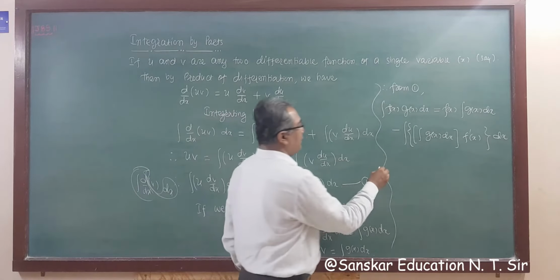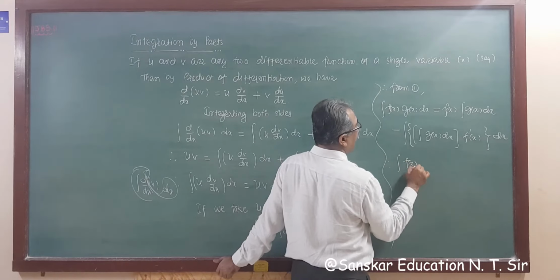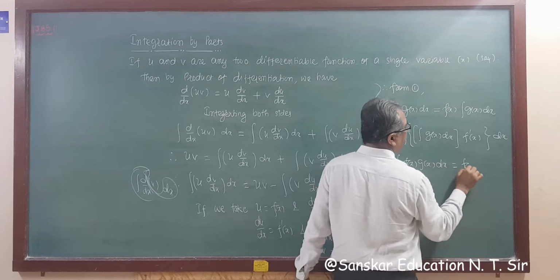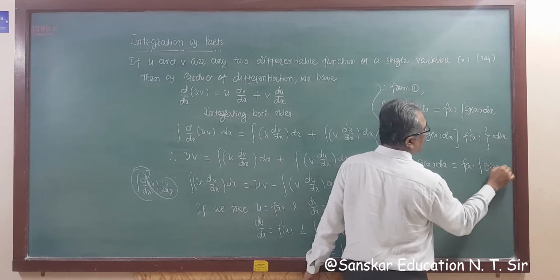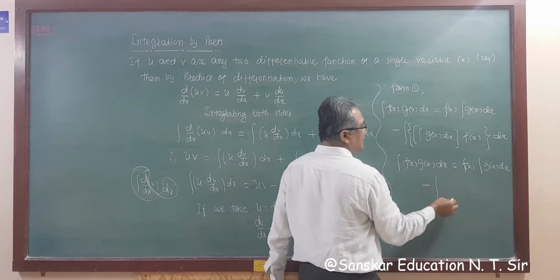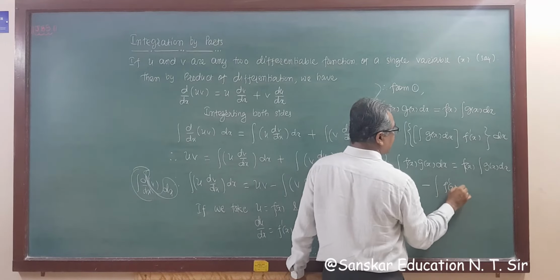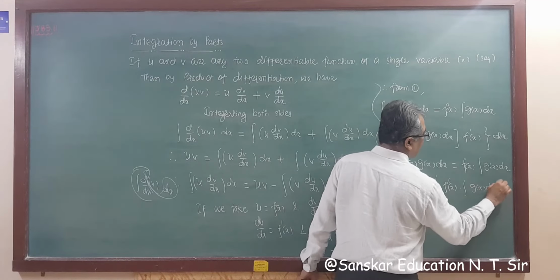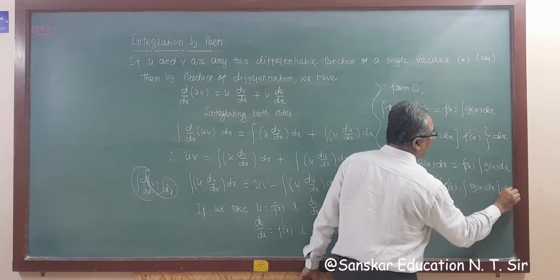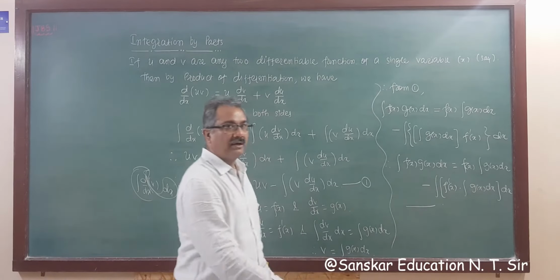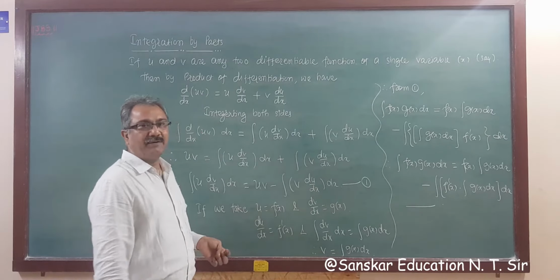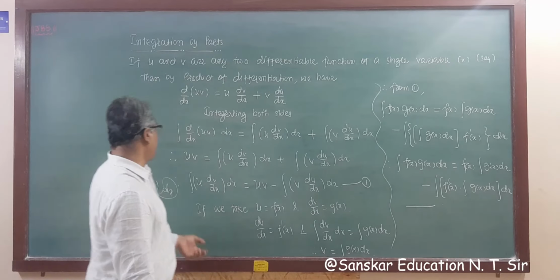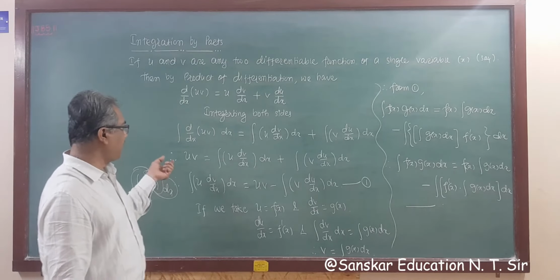Rewriting these terms, integration of f(x) g(x) dx is equal to f(x) into integration of g(x) dx minus integration of f'(x) into integration of g(x) dx, bracket over, dx. This is known as the rule for integration by parts, where f(x) and g(x) are two differentiable functions.